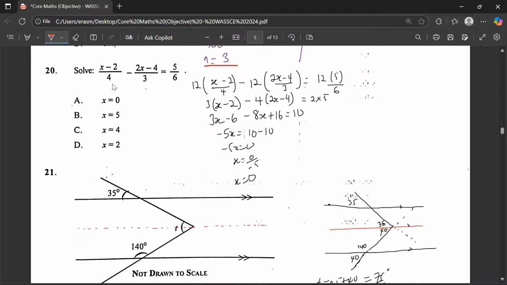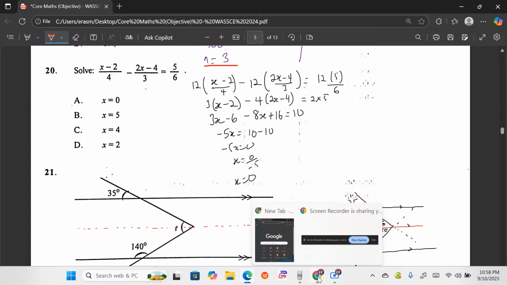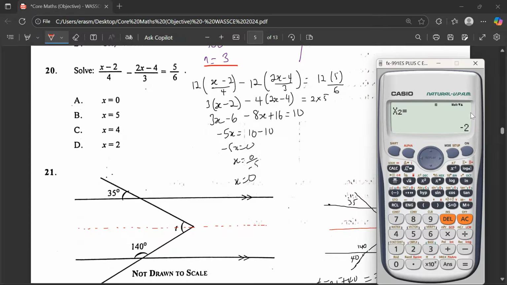Now, solve x minus 2 all on 4 minus 2x minus 4 on 3 equals 5 on 6. You are going to solve using the scientific calculator. So let's solve it.